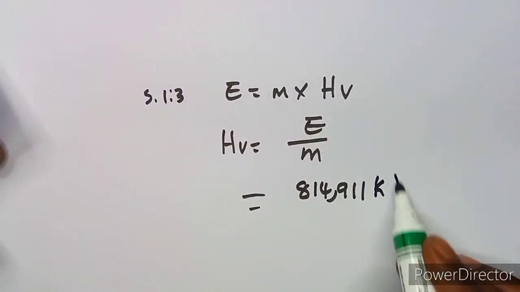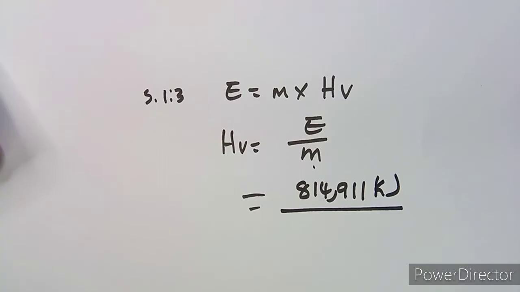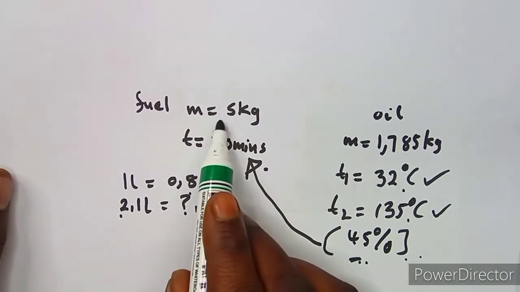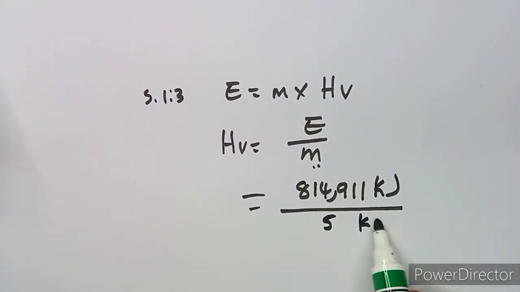So we have kilojoules over the mass, very sorry for that, the mass that we are given of the what, of the fuel. So the mass of the fuel, we've got it here, the mass of the fuel, which is 5 kgs. Okay, so we're going to divide by 5 kgs.